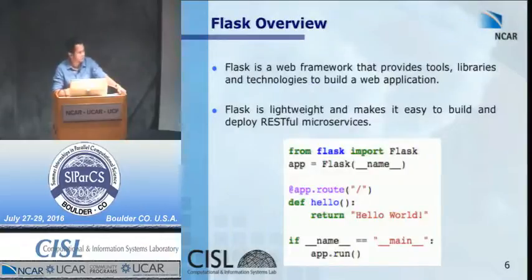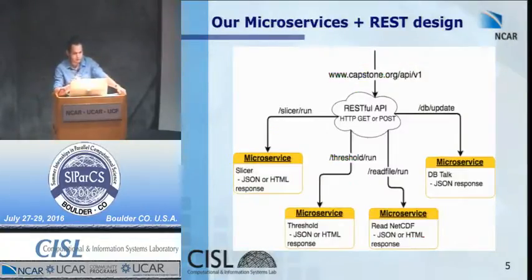So the idea here, you can see, let me go back. Up there it shows www.capstone.org API v1. That's just like a website, right? And down here after the cloud, you see /slicer/run or /something/run. All these slashes, those are actually the RESTful API. So you have your basic website, and that's exactly how our project is working. After the slash comes whatever name you want.